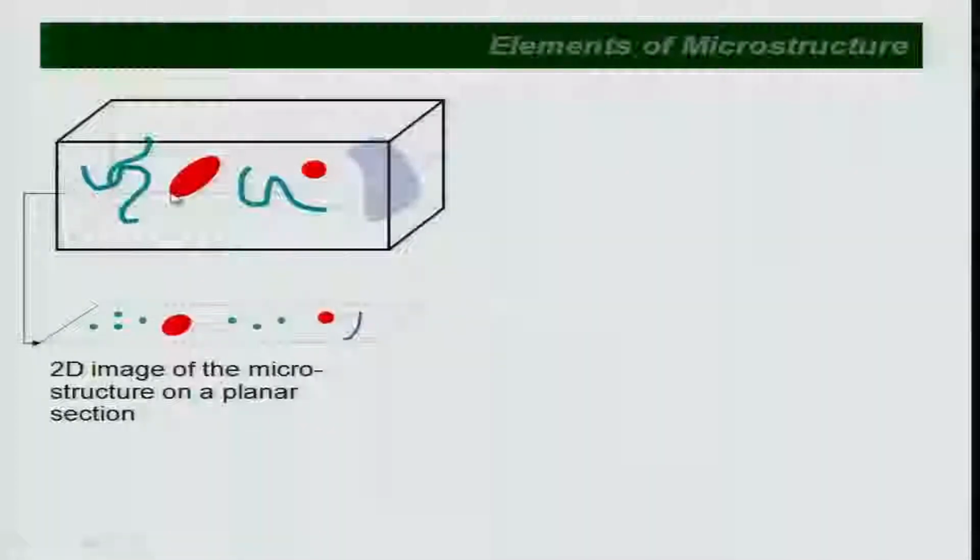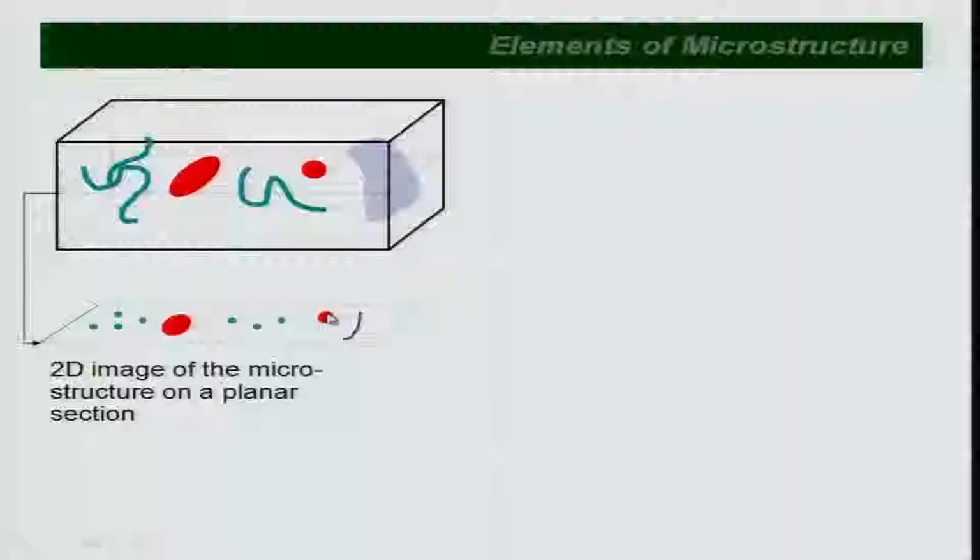So, if I take a section through my solid, it cuts the various geometrical elements that are present. For example, 3-dimensional solids or particles, like the ones marked in red here, will get cut into 2-dimensional area profiles.